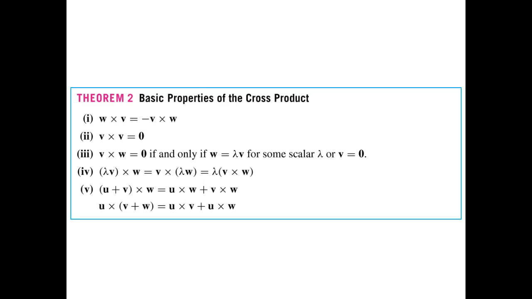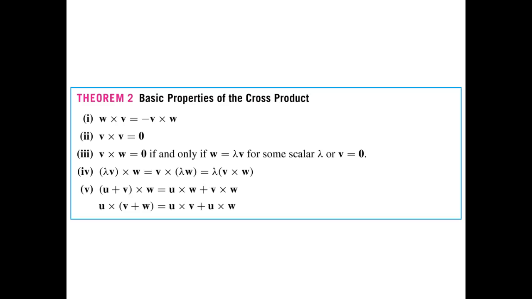Okay, so in other words, you can pull out any constant scalar from the cross product of two vectors. And number 5, it's kind of a distributive rule. You just have to be careful on the order again. U plus V cross W, where U is a vector, V is a vector, and W is a vector. So U plus V, the sum of two vectors, is going to be a vector.